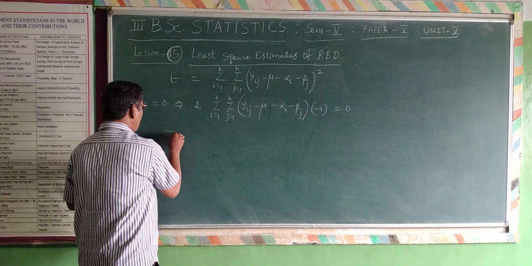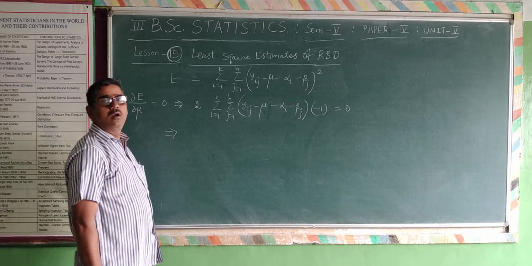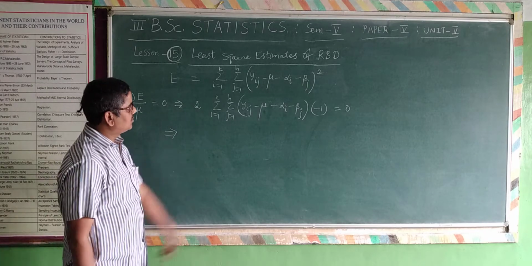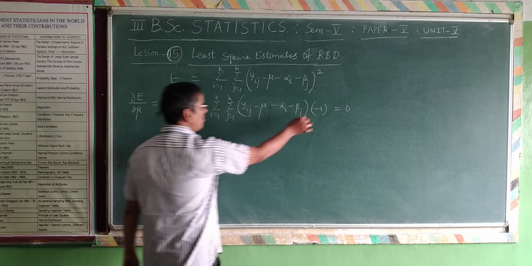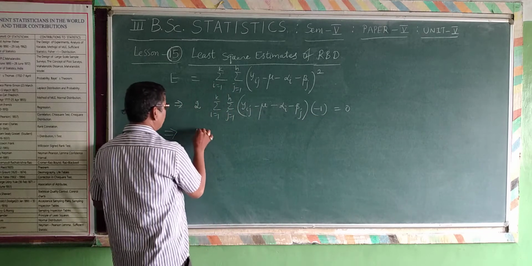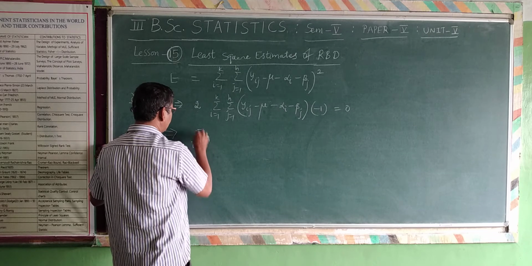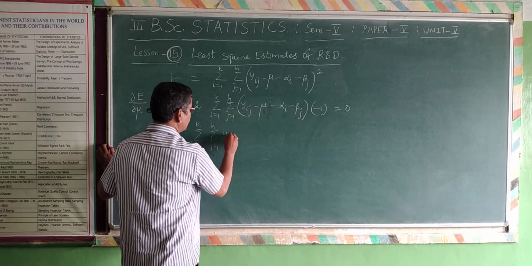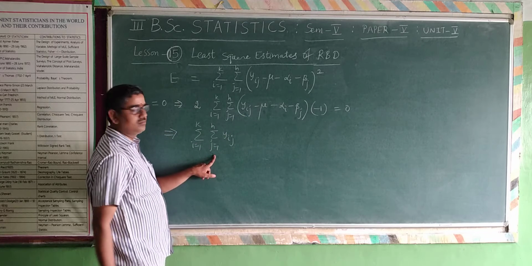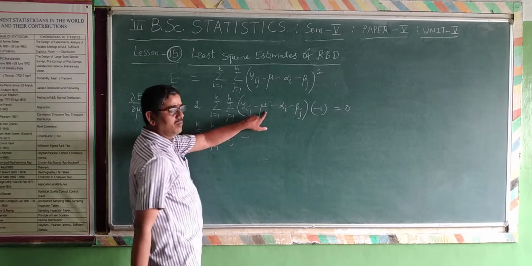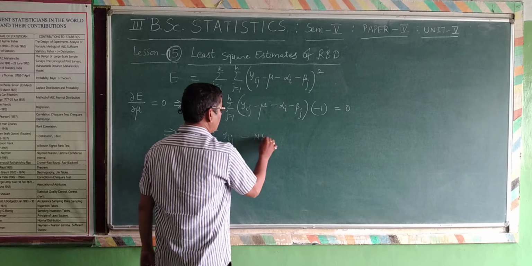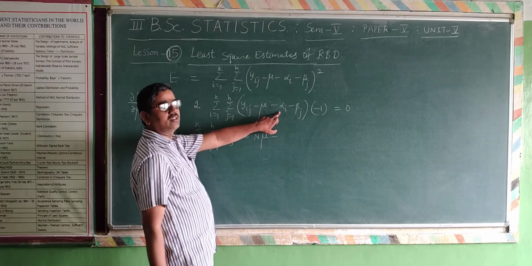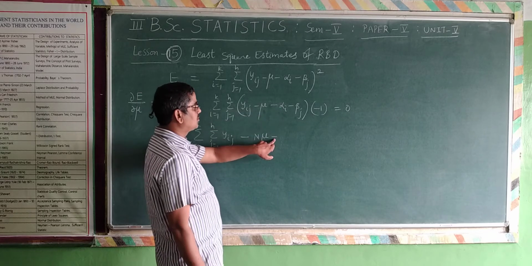Now we have to calculate the value of mu, take the summations. So 2 cannot be 0, minus 1 cannot be 0. Therefore summation i is equal to 1 to k, summation j is equal to 1 to h, Yij, the first term, minus the double summation of mu, it is capital N into mu, minus summation i alpha i is equal to 0, so therefore this term is 0.